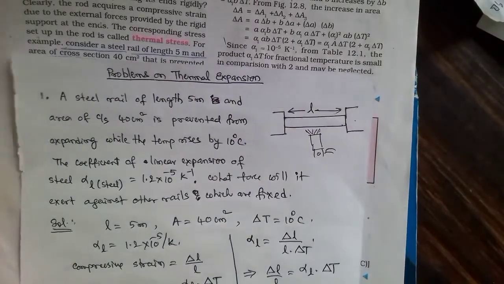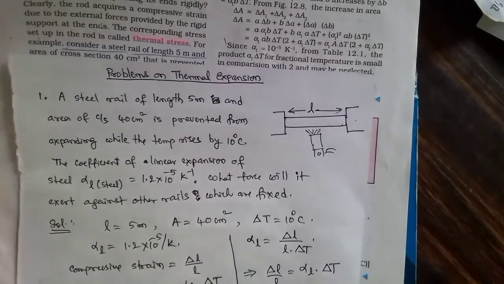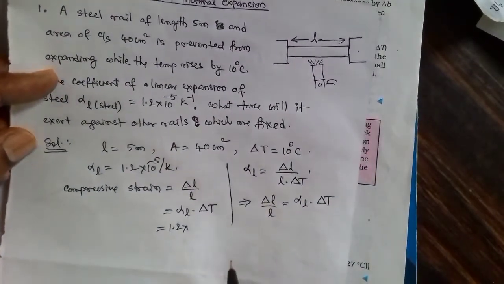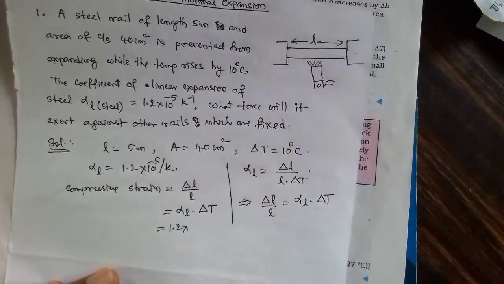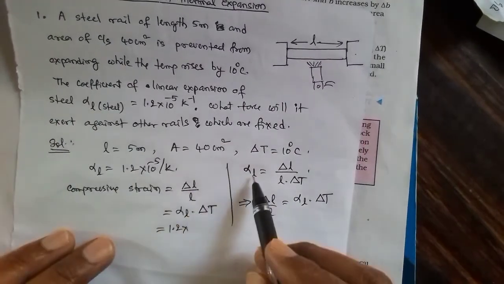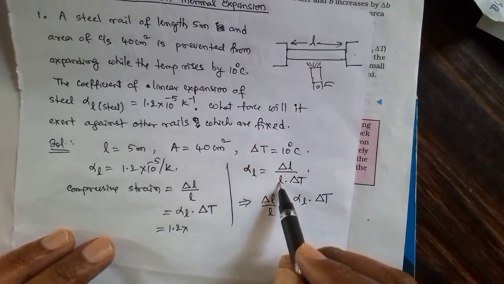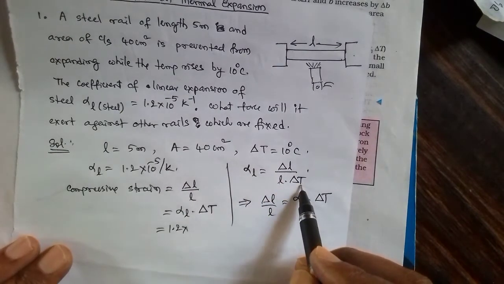Alpha L value is 1.2 into 10 power minus 5. Alpha L is defined as increase in length by original length into temperature difference.